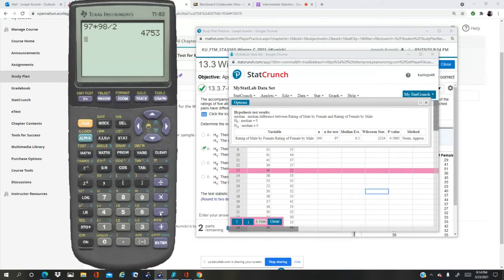And if I subtract 2524, I get 2229. So that's the T value. The 2524 is the larger ranking, and I'm not sure which one's which, but that's irrelevant because it's a two-tailed test. So 2229 is the T.